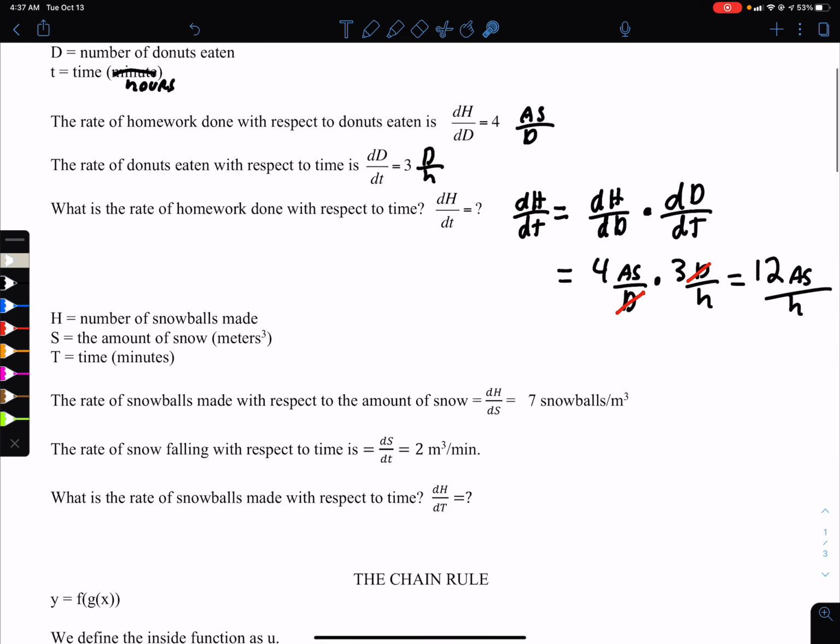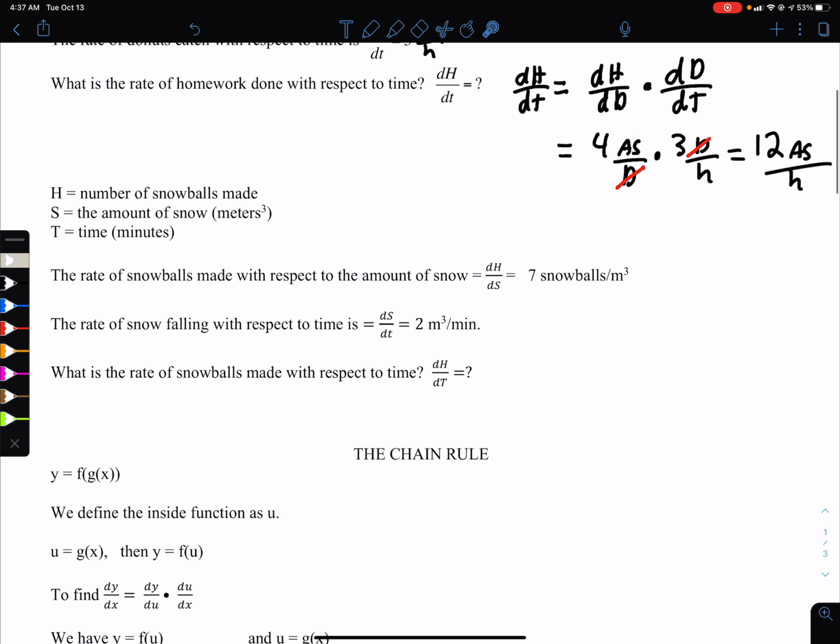I did another example, making snowballs. So H represents the number of snowballs you can make, or you've actually made. S is the amount of snow that's on the ground. And T is the amount of time.